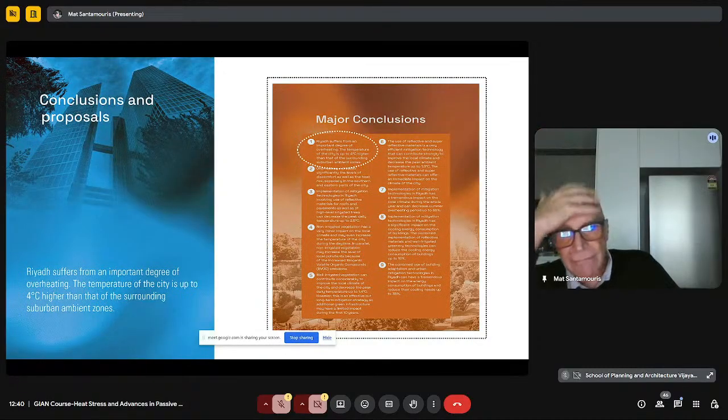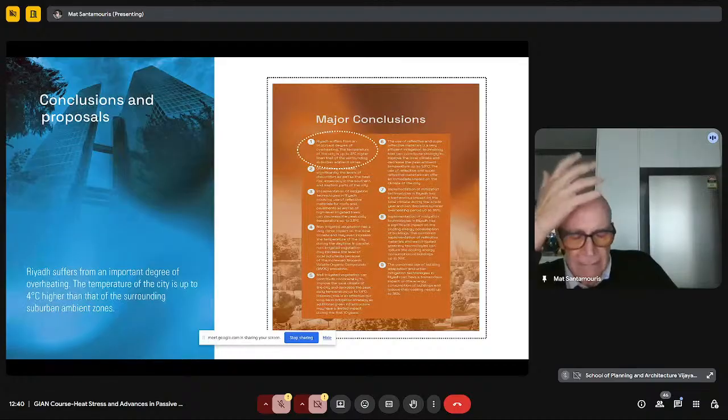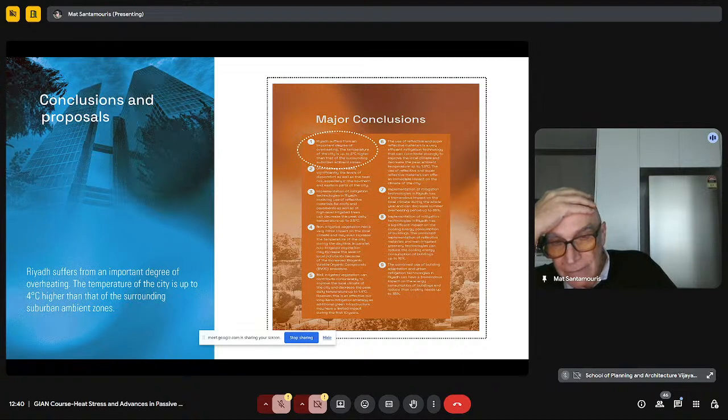Let's plant 5 million trees. This may increase tremendously the water consumption, but if you don't have the water, and in most cases you don't have the water and they don't irrigate, this contributes to an increase of the temperature.